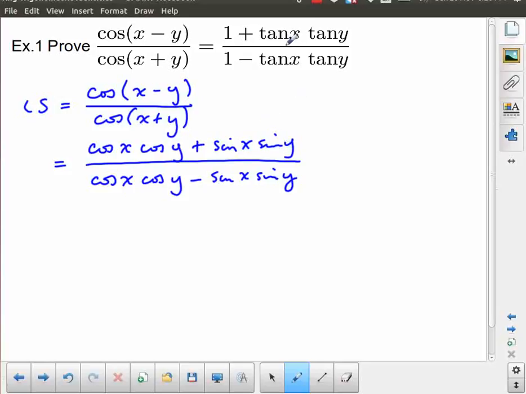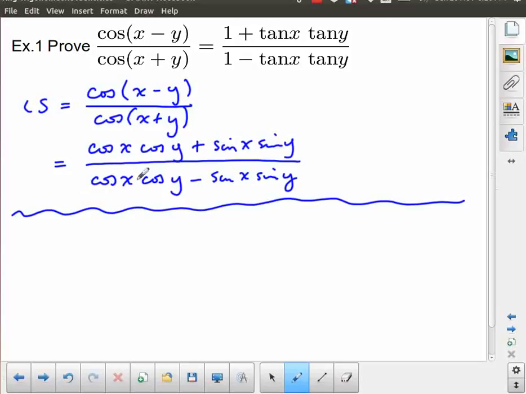Now the next thing you might ask yourself is, how do I move from this left side to this right side? Perhaps you see that, or perhaps you don't. If you don't, that's okay, because just to illustrate my point, although I can see how to move forward towards this right side, I'm going to pretend that I don't.